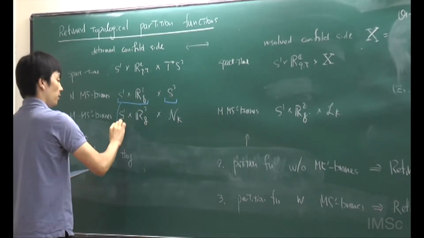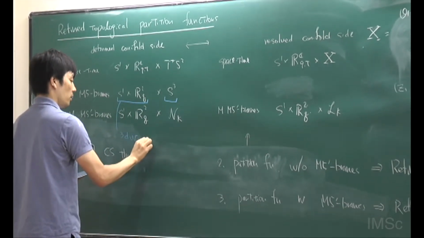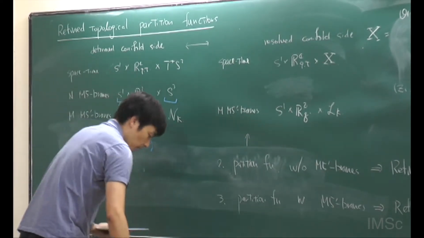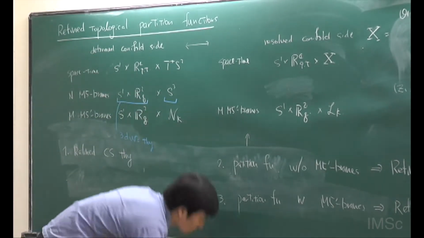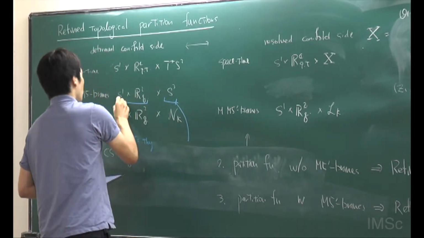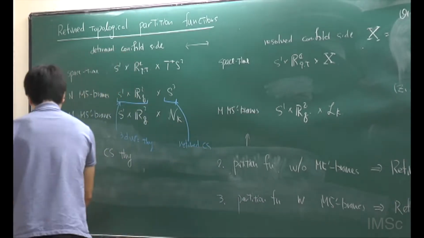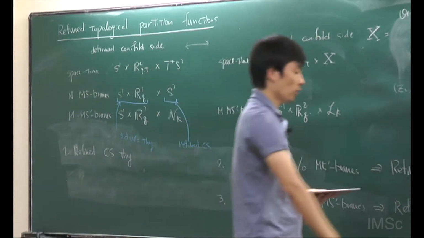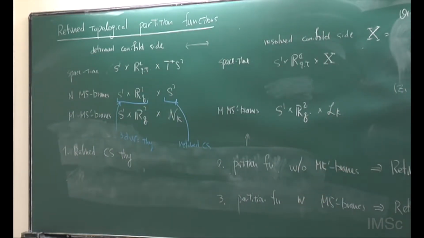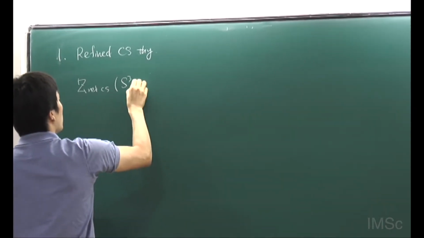So here you have a 3D N=2 theory, and here you have refined Chern-Simons theory. The refined Chern-Simons partition function is defined as the index of the 3D refined Chern-Simons theory on the 3-manifold S3.